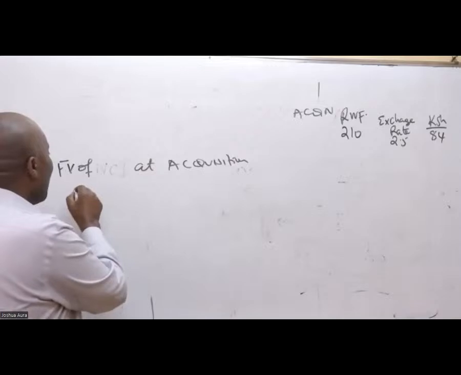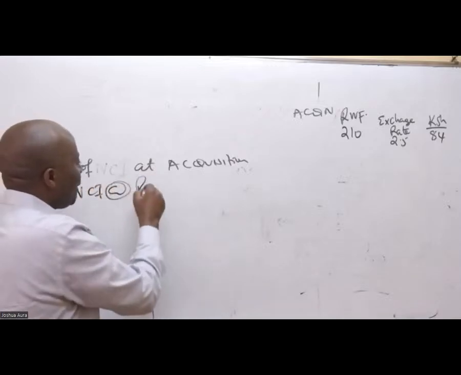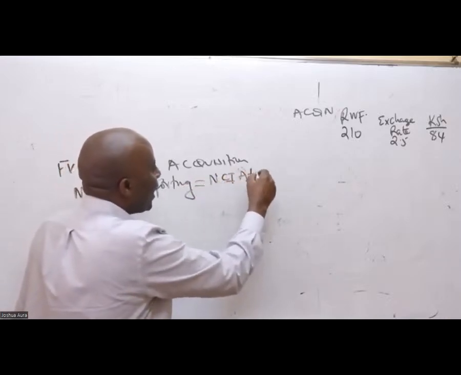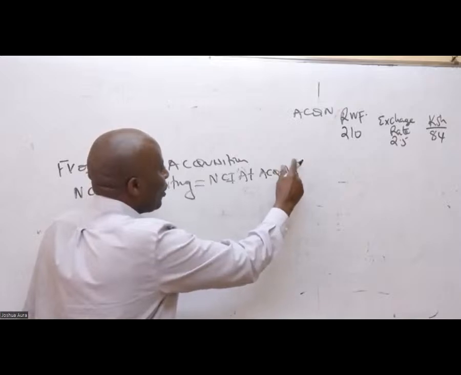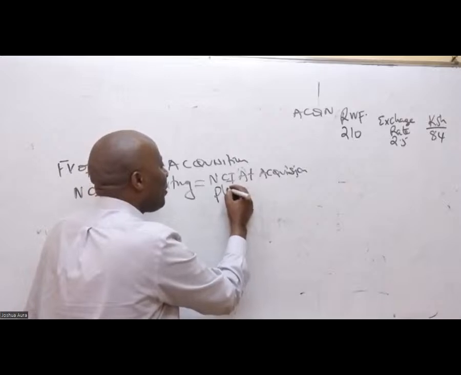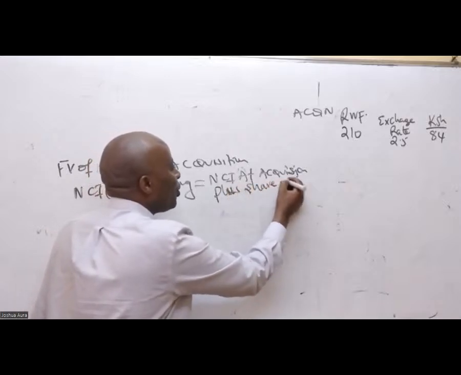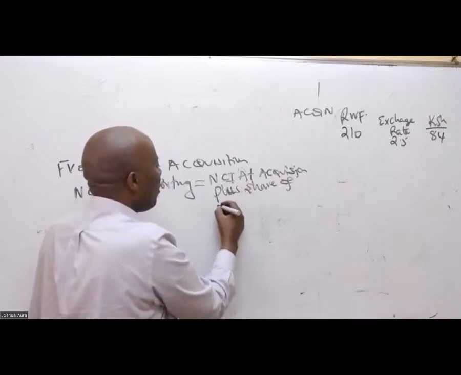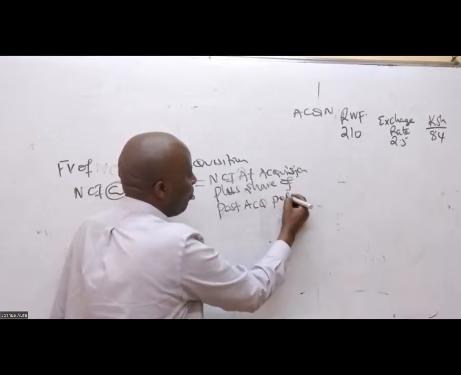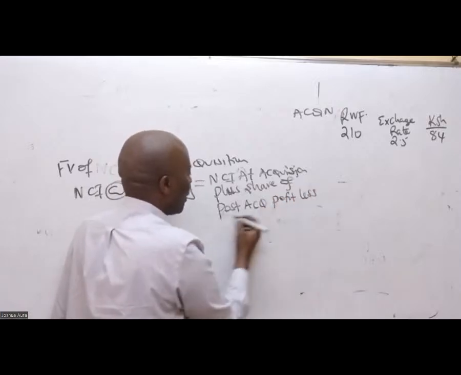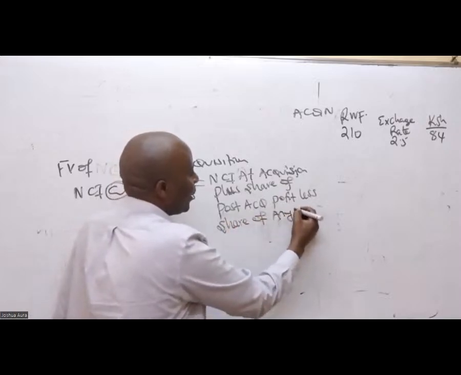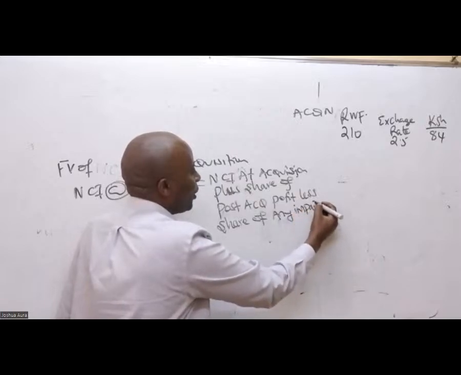So to get NCI at reporting date, we normally take NCI at acquisition plus share of post-acquisition profit less share of any impairment loss.